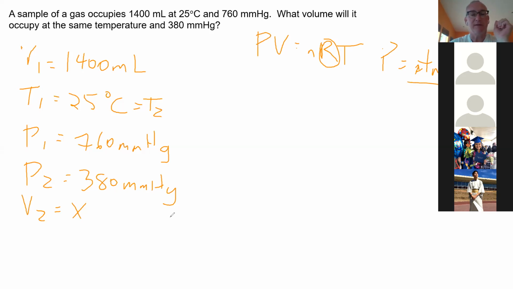If you remember how many torr there are in an atmosphere, 760. Good. So P1 is 1 atmosphere. That's easy to remember. But P2 is less. So how many atmospheres in P2? 0.5, exactly half.